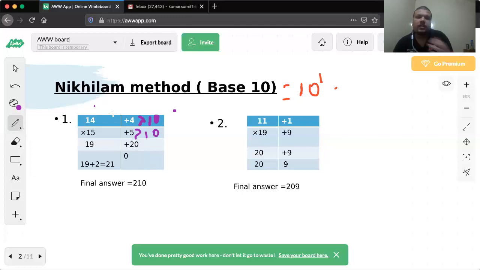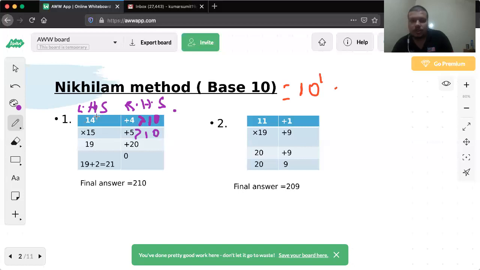Now we have one side which we will call the LHS, and the other side we will call the RHS. This side is the RHS, right hand side, and this side is the LHS, left hand side.